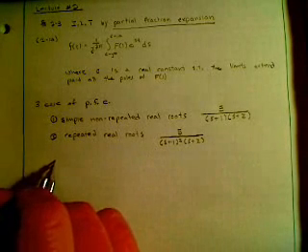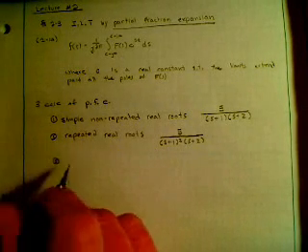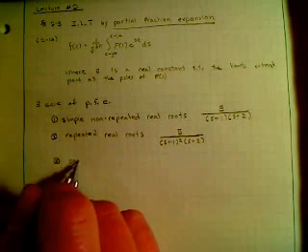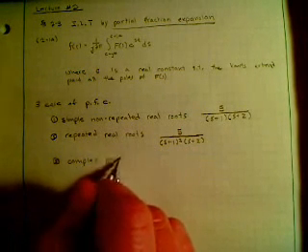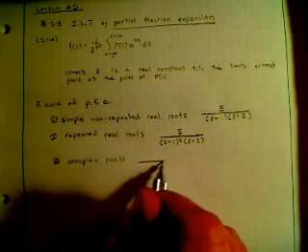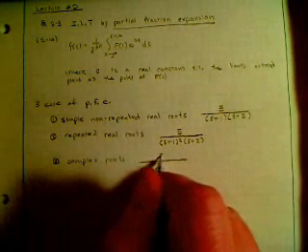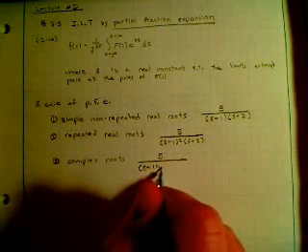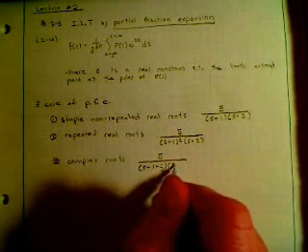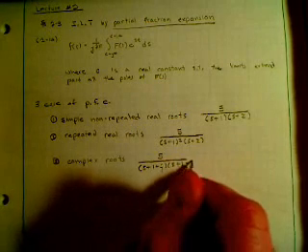And the third case is where I'll have complex roots. So this might be a case where I have 5 over (s plus 1 plus j) and (s plus 1 minus j).